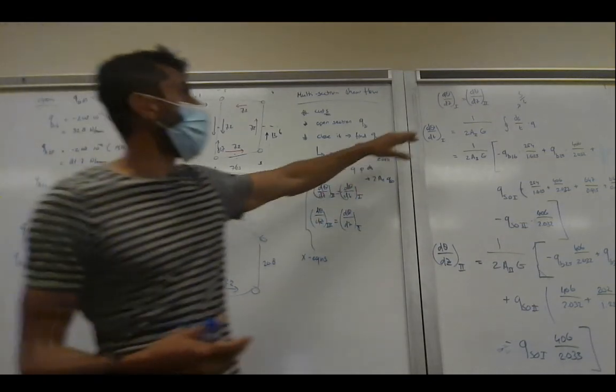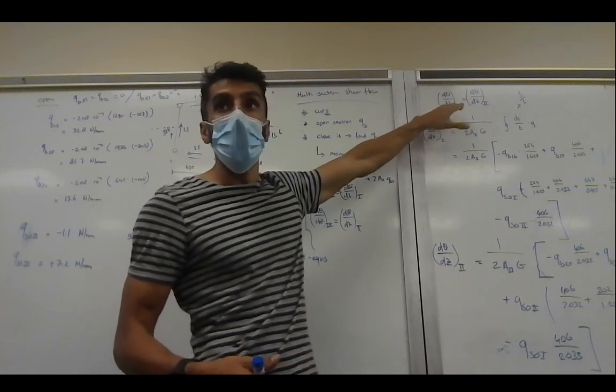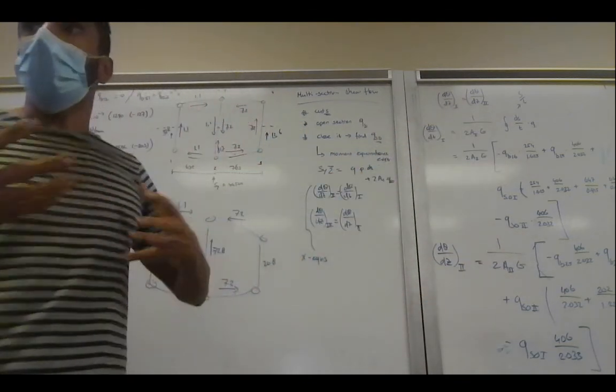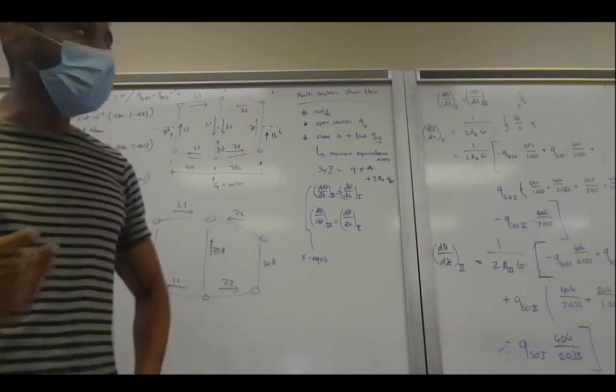So that's where the rate of twist comes into play. For each cell, you set the rate of twist equal to that of the adjacent cell.